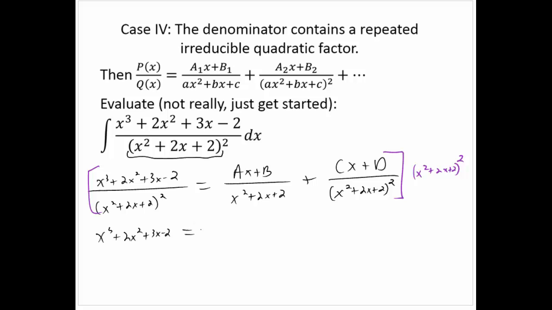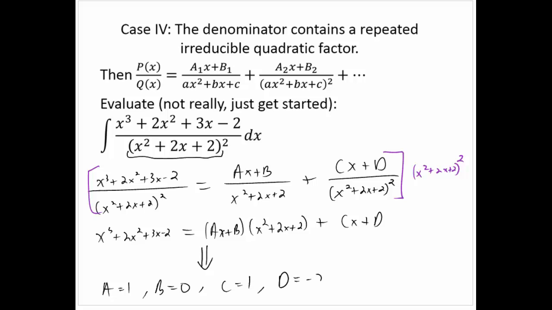Now, in the first term, I'd have an ax plus b, and only one of the factors reduces out, so times x squared plus 2x plus 2, and then I'd have a plus cx plus d. All right, so this is a little messy. I'm not going to go much further with this. If you feel like solving this system, you should find that a equals 1, b equals 0, c equals 1, and d equals negative 2.